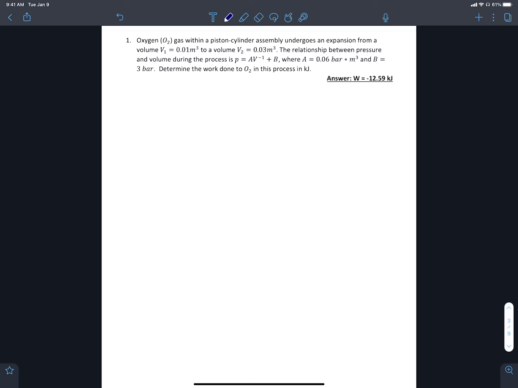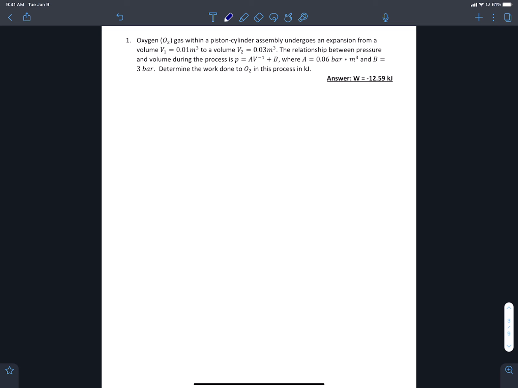The relationship between pressure and volume during the process is P equals A over V plus B. Note that V to the negative 1 is equivalent to 1 over V, where A equals 0.06 bar meter cubed, B equals 3 bar, and determine the work done to O2 in this process in kilojoules.